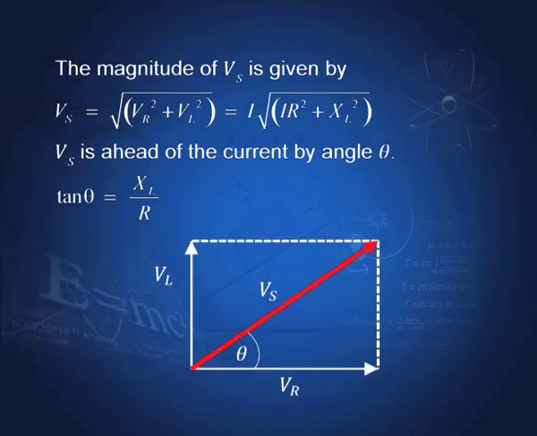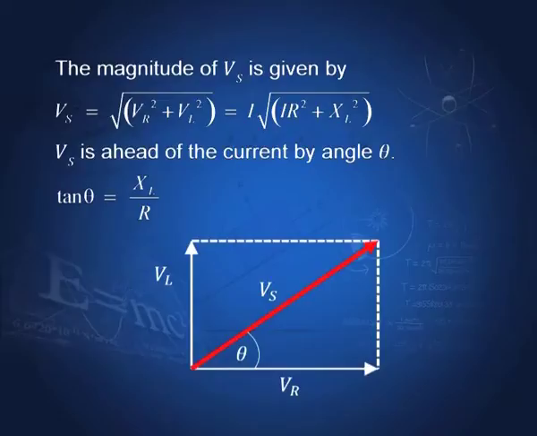From this geometry we can write Vs is equal to the square root of VR squared plus VL squared, where VR is IR and VL is I L omega. I can take I out and write this as I times the square root of R square plus XL square. XL, remember, is L omega.